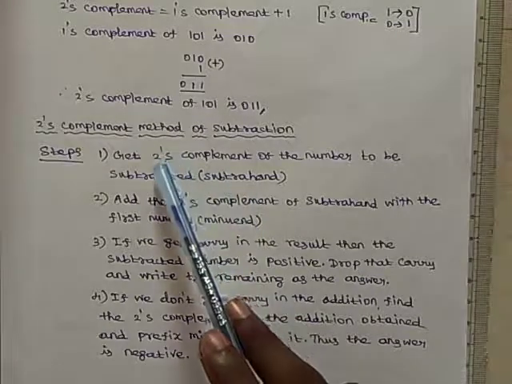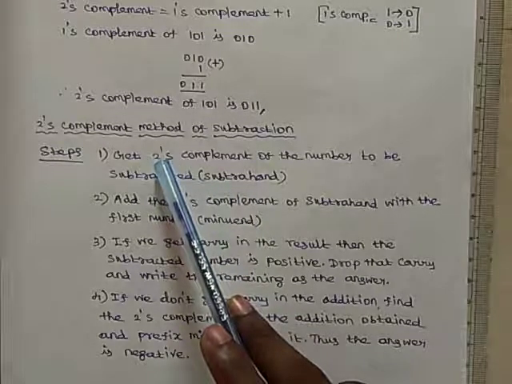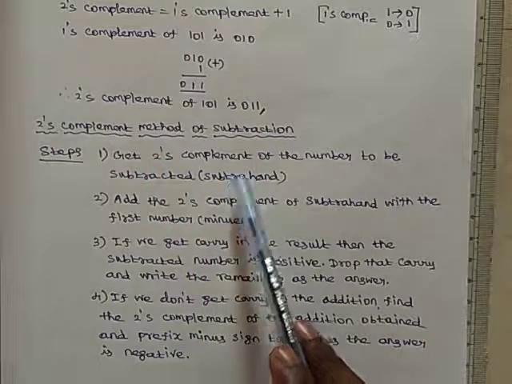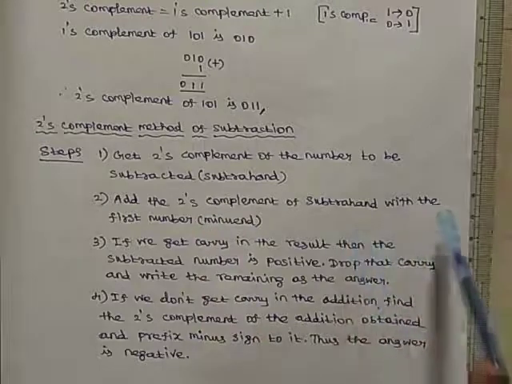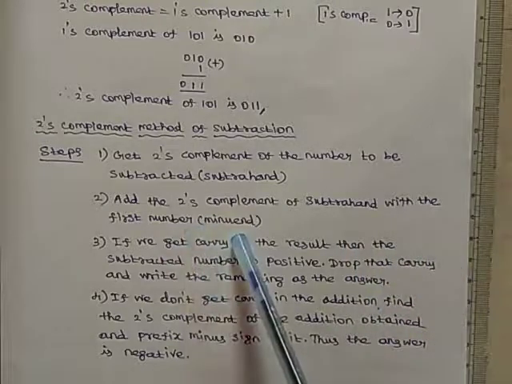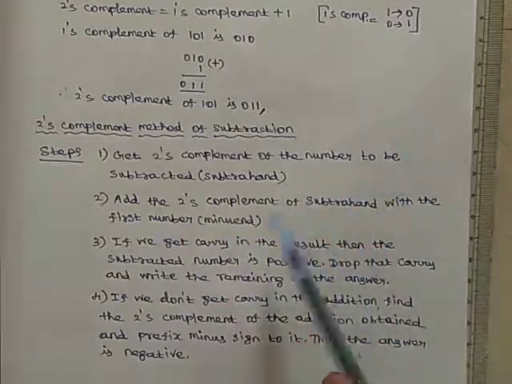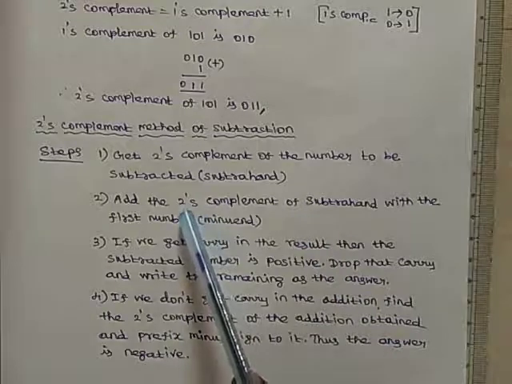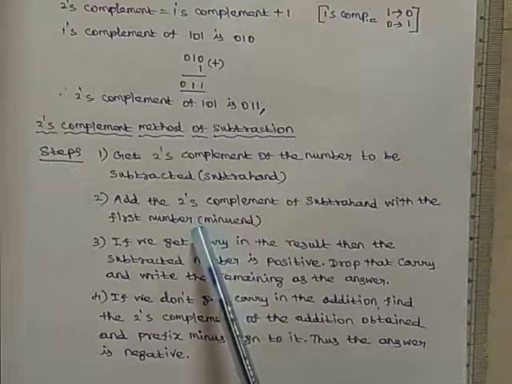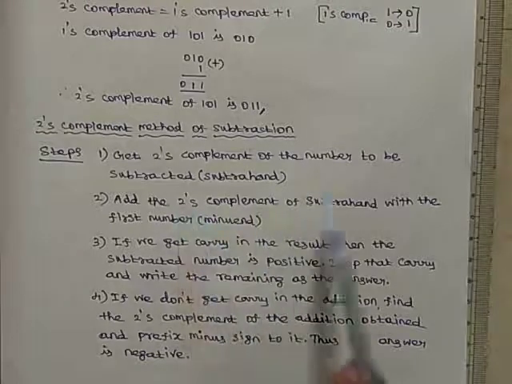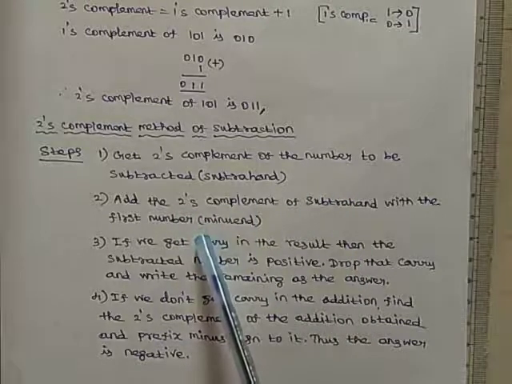Here we have to take the two's complement of the subtrahend. Step 2: add the two's complement of the subtrahend to the first number, the minuend.